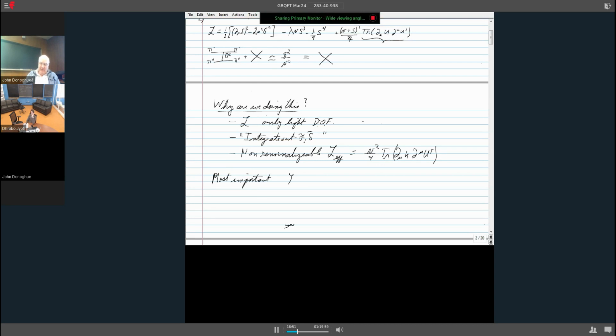Okay, so that's fine. But the real goal, the real interesting thing, is that you can treat the effective Lagrangian as a full quantum field theory.